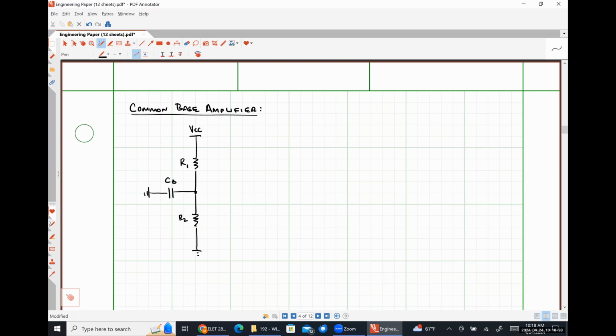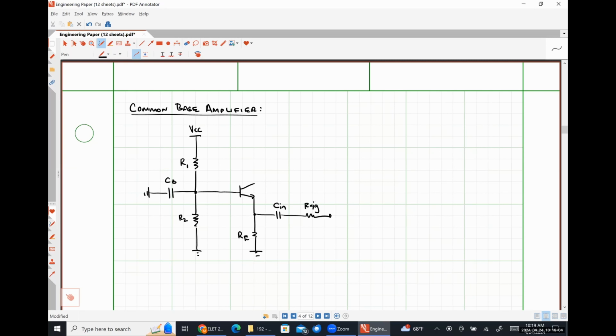Because that base resistance tends to make the midband gain smaller, we put the capacitor there to make sure that doesn't happen at midband frequencies. Then over here, we have our emitter resistance RE. Here's CN.